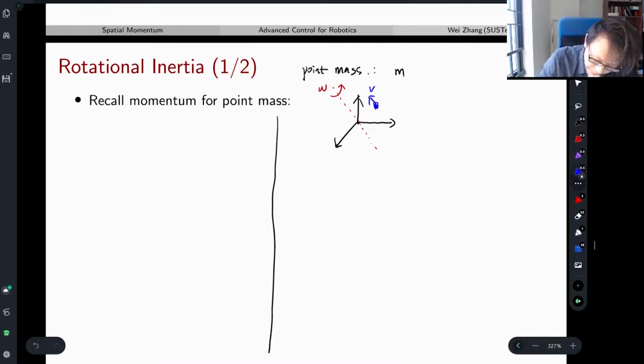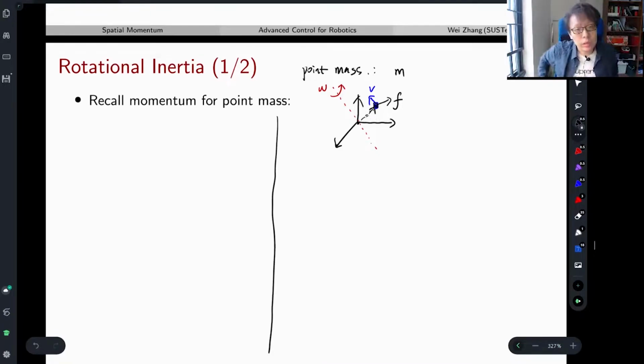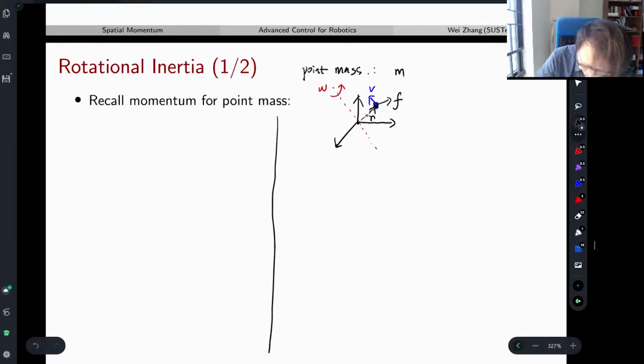Let's say this is v. I could apply a force to this point mass, which will change its motion. And we also have a position vector from the origin to that point, denoting the location of that point at the current time. Let's call that r.